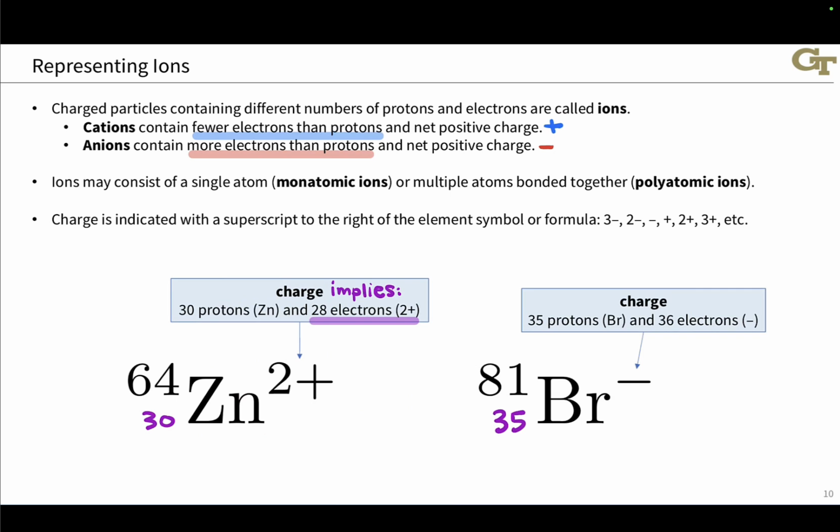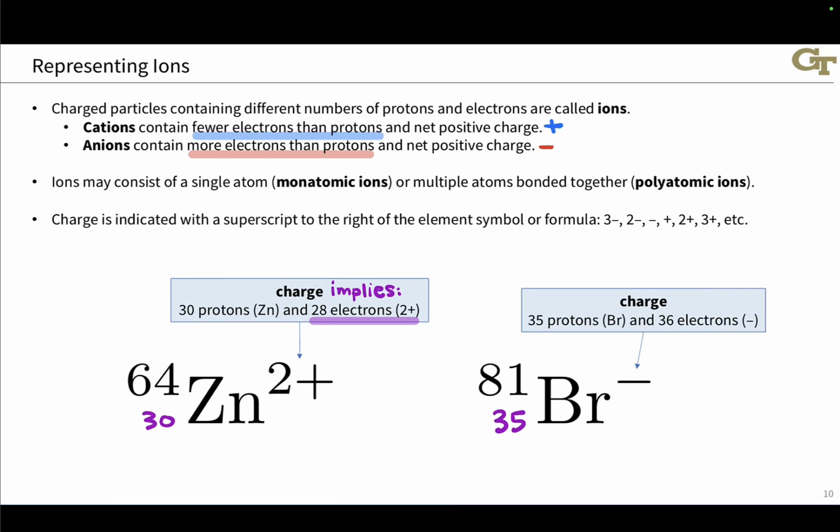Since we have a -1 charge overall, positive 35 due to the 35 protons in the nucleus, this tells me that there are 36 electrons in this ion. -36 due to the electrons, but only positive 35 due to the protons in the nucleus gives a net charge of -1. So this gives you a sense of how we can represent ions using atomic symbols.